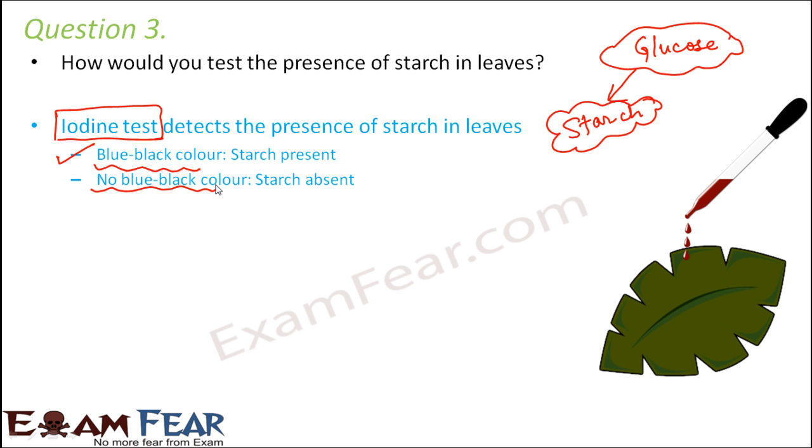Because iodine reacts with starch to undergo a chemical reaction, and due to that chemical reaction there is this color change. But if there is no starch, that chemical reaction will not take place. So it's very simple to determine whether the plant undergoes photosynthesis or not. So if a plant is not undergoing photosynthesis, you will not be able to find starch in that plant.